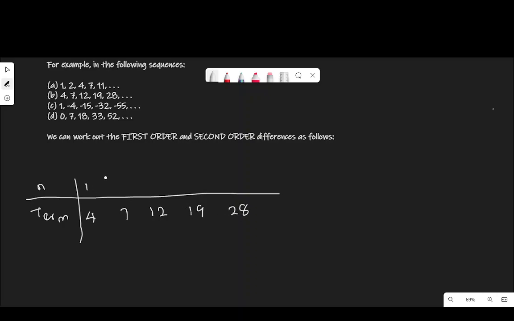N is the first term there, that's 4. This is the second term. This is the third term. This is the fourth term. And this is the fifth term.